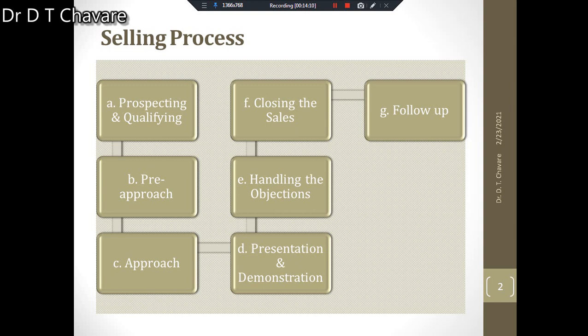He should tell the buyer that if the order is not placed now, the buyer will lose certain benefits. In this way, closing the sale is essential. And the last stage is follow-up. It is a process of keeping the rapport with the customer to ensure customer satisfaction and repeat business. Follow-up has another aspect.